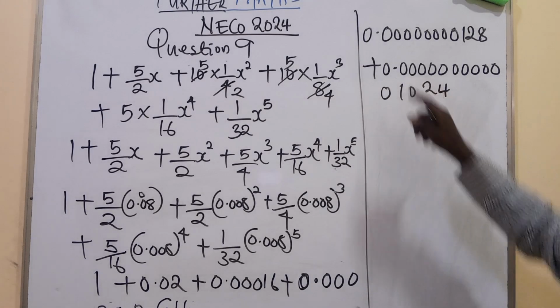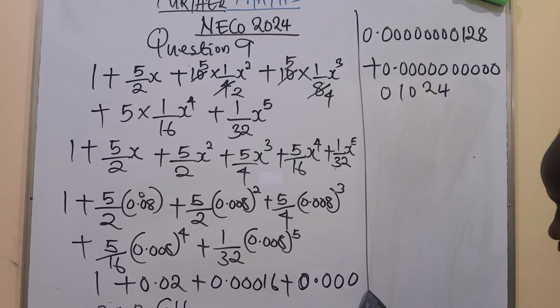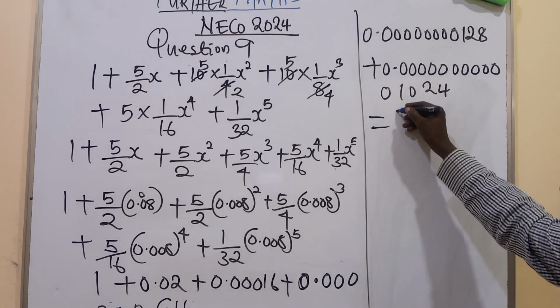Then plus the last one, 0.000000000000001024.